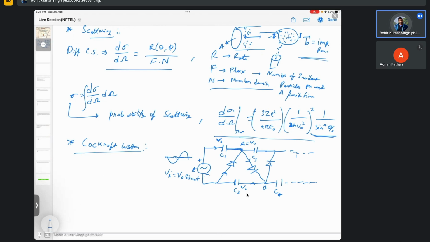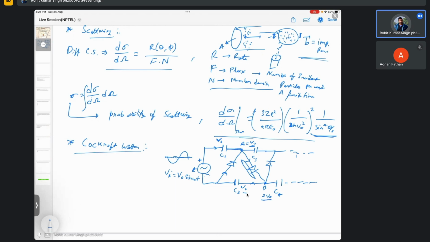And so this junction will effectively get a voltage of 2 V naught, because this diode is forward biased, so the voltage V naught here will be the same as at junction B. Because this circuit becomes a short circuit, B will get 2 V naught, because it is charging the capacitor.